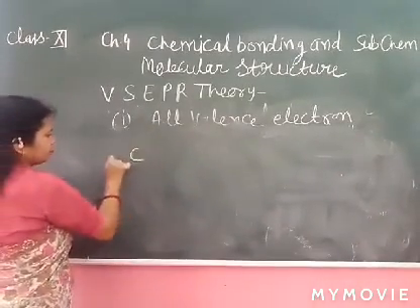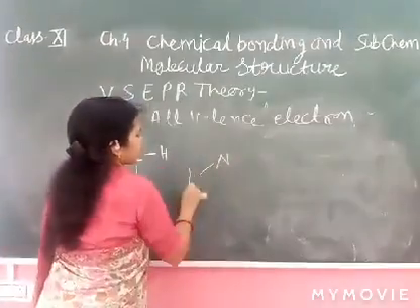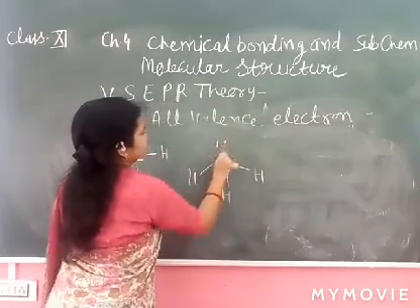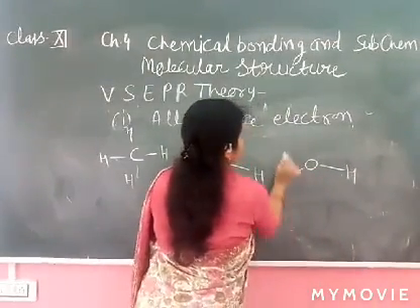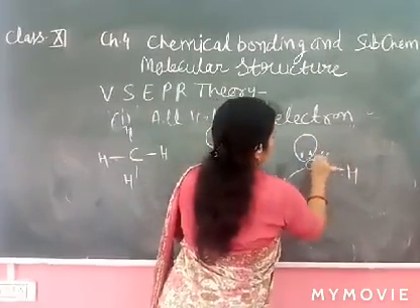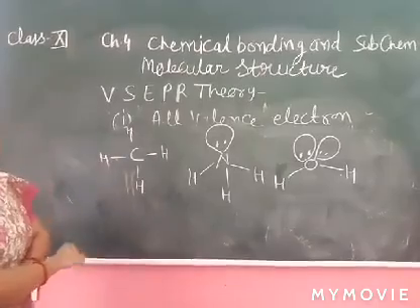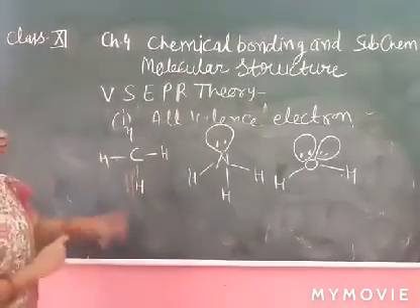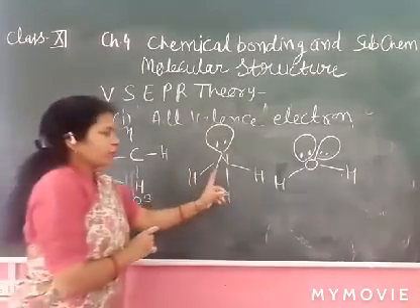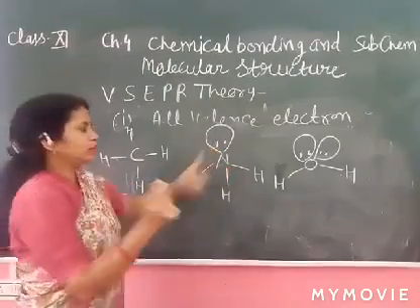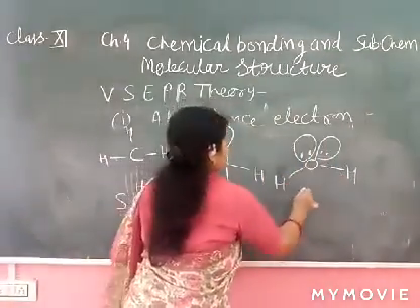Let's see: CH4, ammonia with one lone pair of non-bonded electrons, then H2O with two lone pairs. In CH4, NH3 and H2O, counting the lone pairs like bonds, there are four in each case, and the hybridization is sp3.